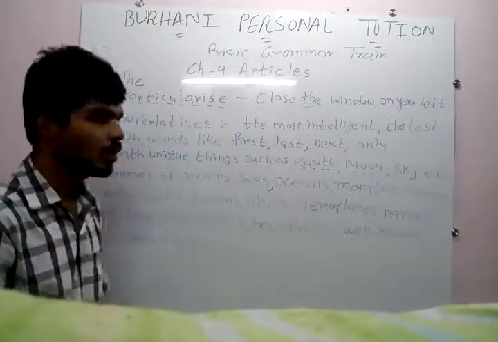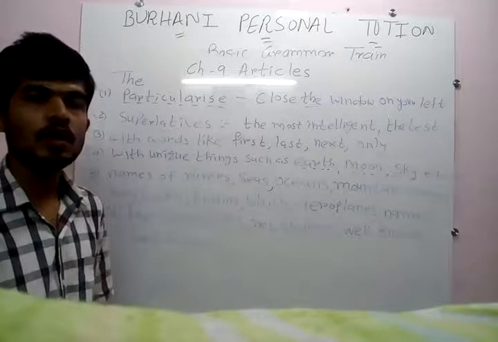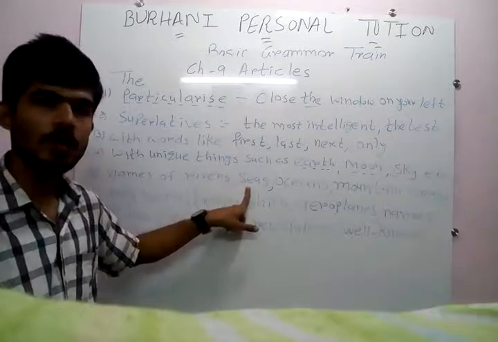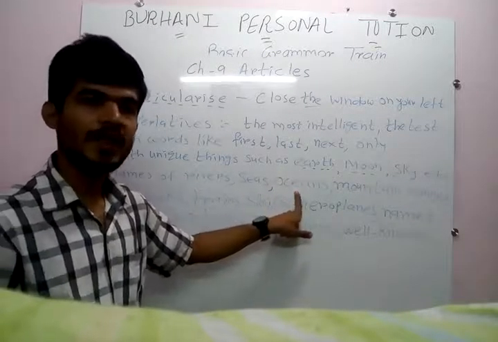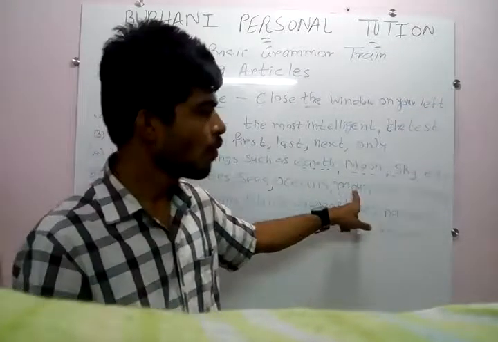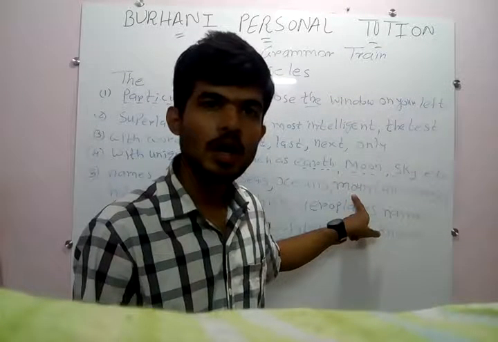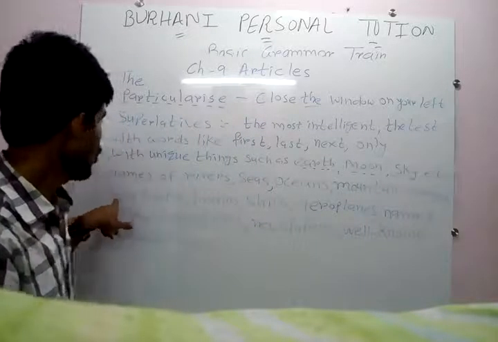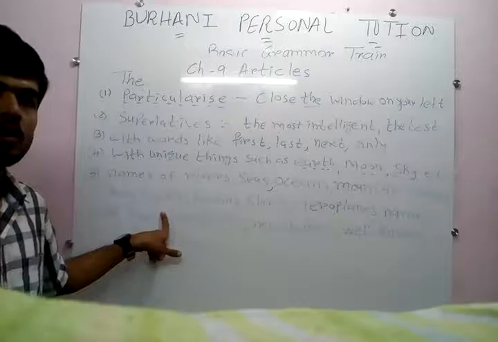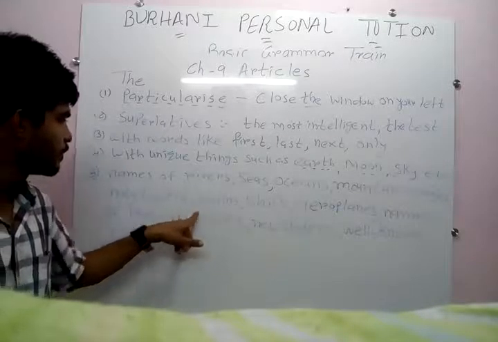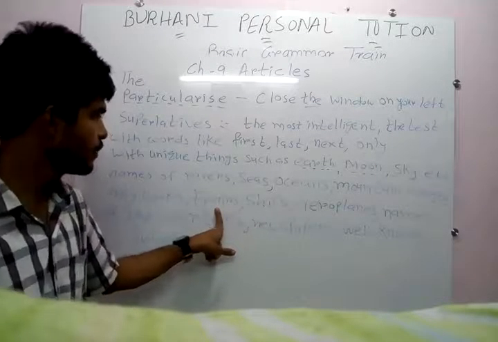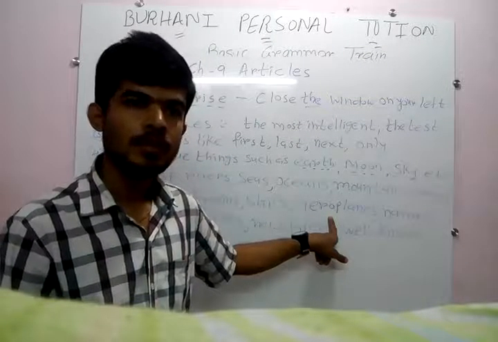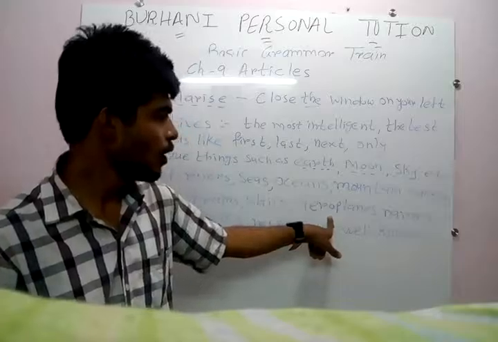Now we will discuss some names with which you have to use the. With the names of rivers: the Ganga, the Yamuna; seas: the Arabian Sea; oceans: the Pacific Ocean, the Atlantic Ocean; mountain ranges: the Himalaya, the Aravalli, the Andes; holy books: the Bhagavad Gita, the Holy Quran, the Holy Bible; trains: the Sabarmati Express; ships: the Titanic; aeroplane, the airline of India.